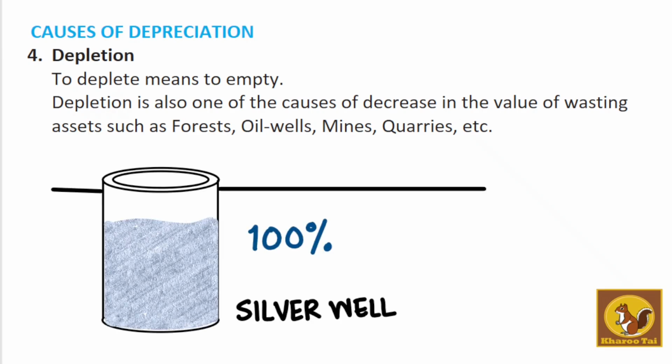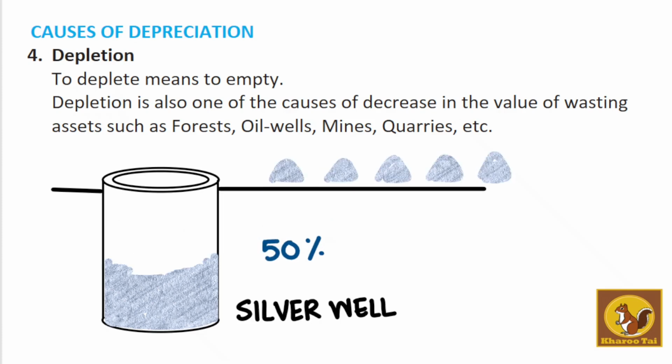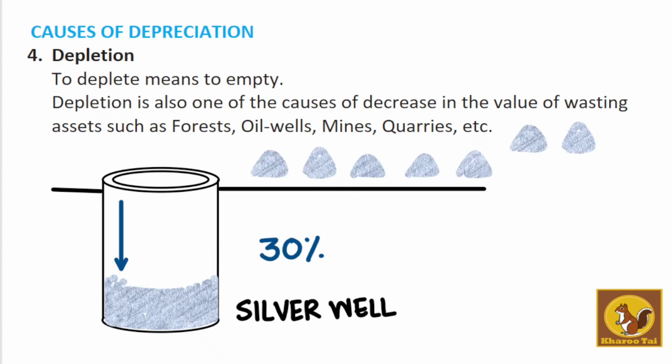For example, this is a silver well. So we are extracting silver, we are removing it from the well, it will get reduced. So the asset value will also get reduced. So what is the meaning of wasting asset? The asset that gets wasted, that is, it gets used up totally. It is finished when removed from the well, right?